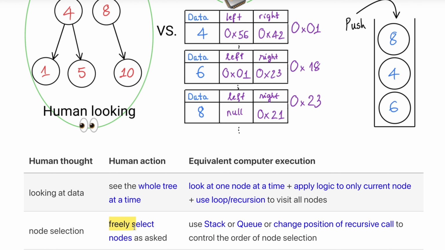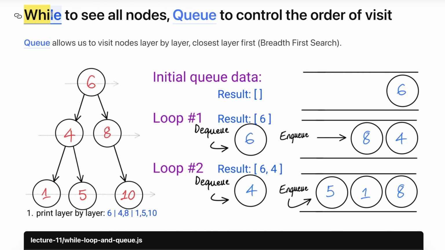And our action is we freely select nodes as we need, and the equivalent in computer programming is we will use stack or queue, or a combination of both stack and queue, or multiple stacks and queues to control the order of node selection. Or if we're using recursion, we can change the position of the recursive call to control the order of node selection.